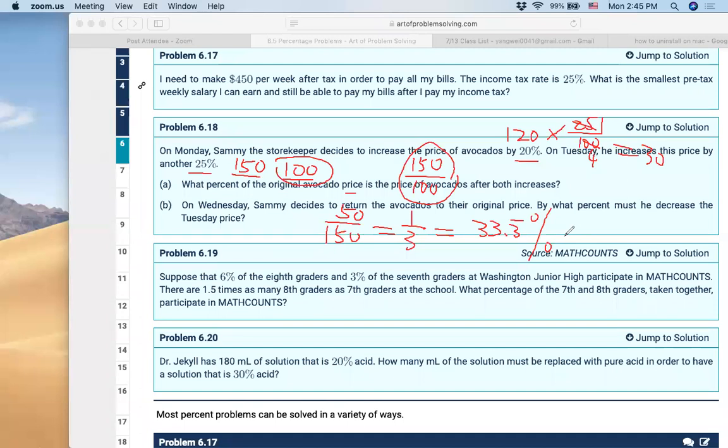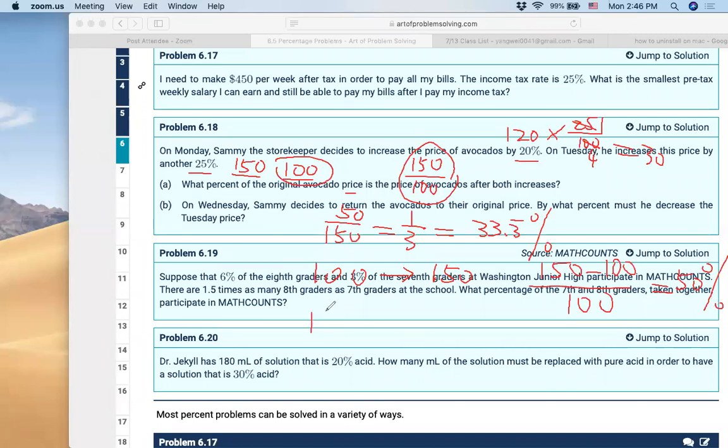See, when you increase a number by percent, say from 100 to 150, you increase 50%, right? If we calculate the percentage increase, that would be 150 minus 100, then divided by 100, which gives you 50%.